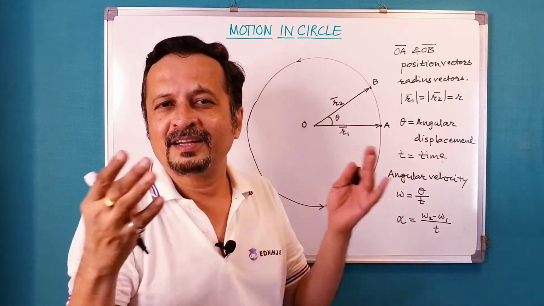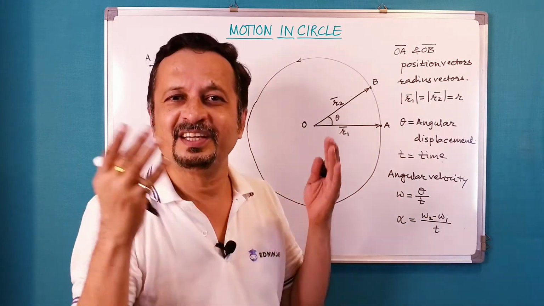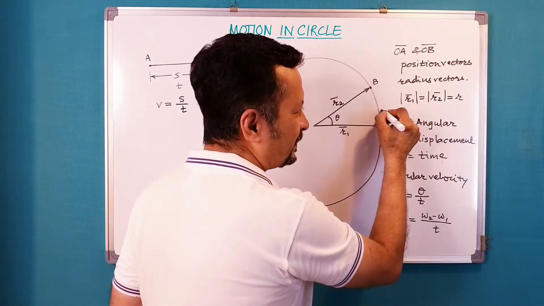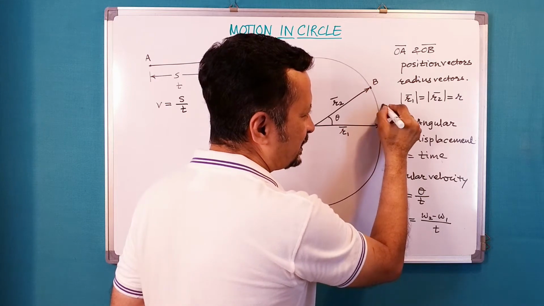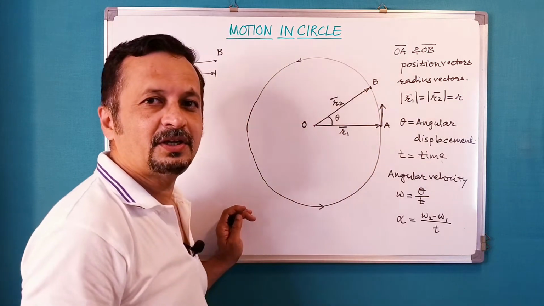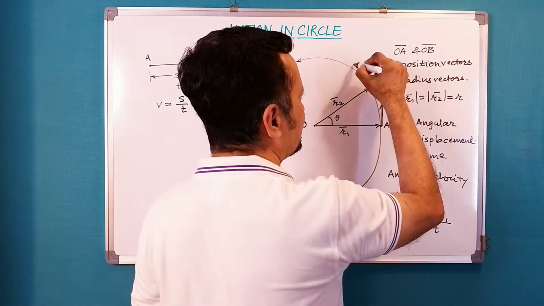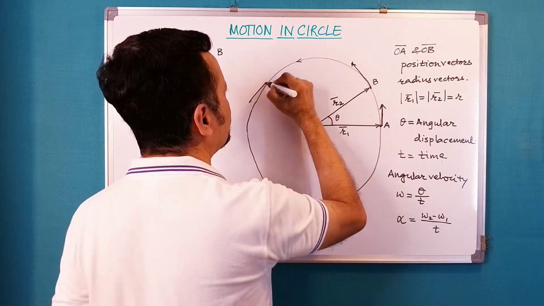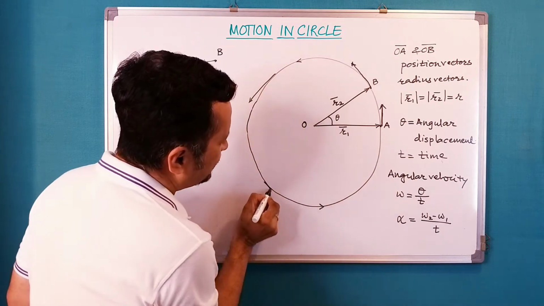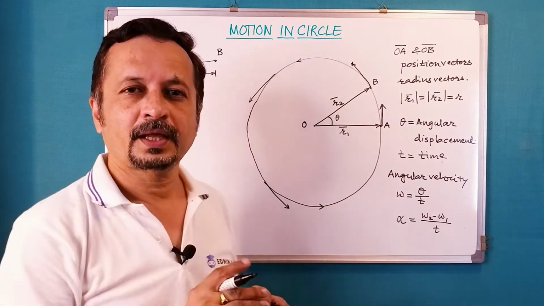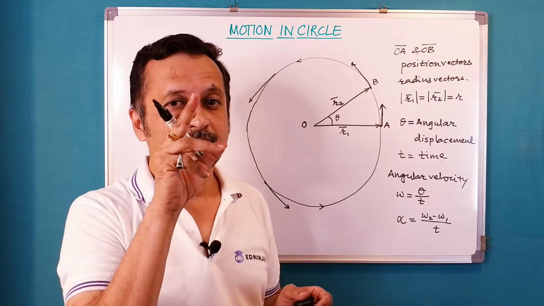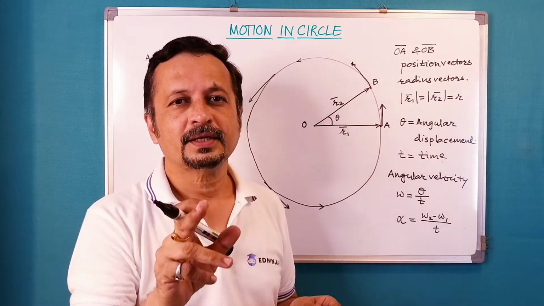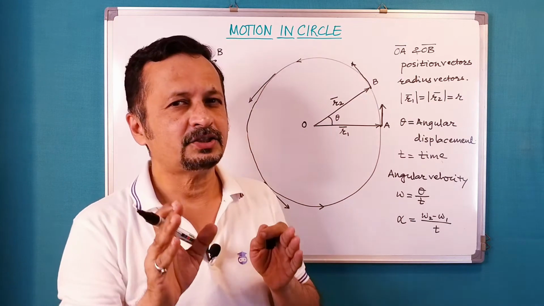That means there has to be some instantaneous velocity, isn't it? So when my particle is at point A, the direction of instantaneous velocity would be tangential to the circle. When it is at point B, again I draw a tangent to the circle at point B. When it is here, again it would be tangential, and so on. Correct? The direction of instantaneous velocity is always tangential.